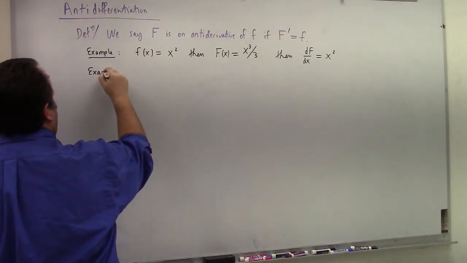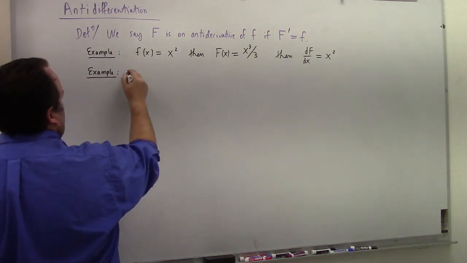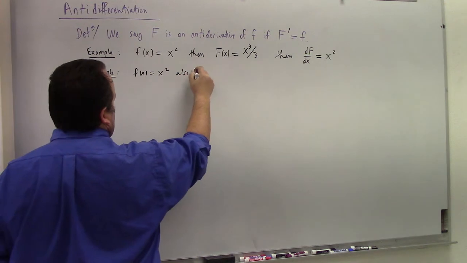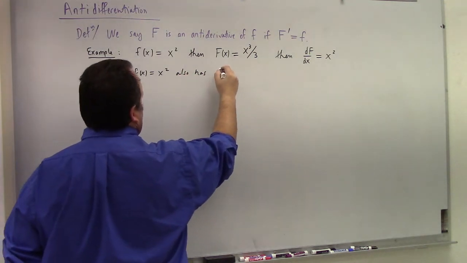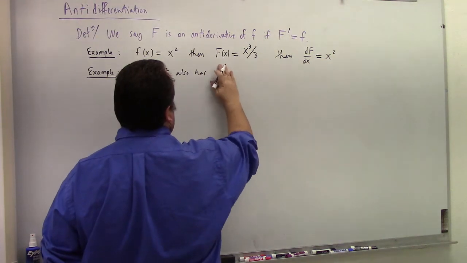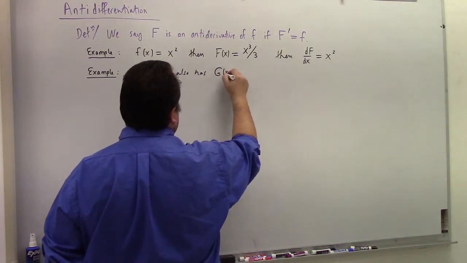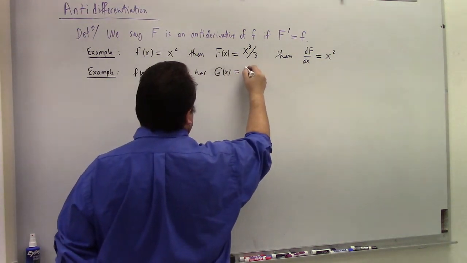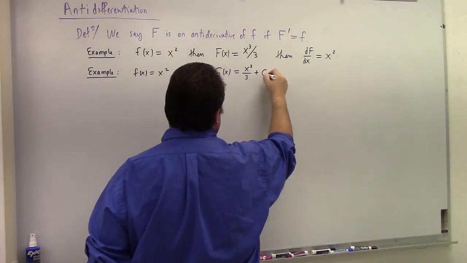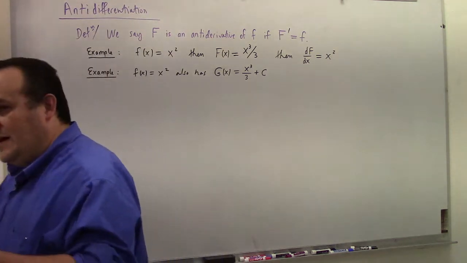I say it's an antiderivative because f of x equals x squared also has, let me call it big G of x, equal to x cubed over 3 plus any constant. Put any constant there that you want.